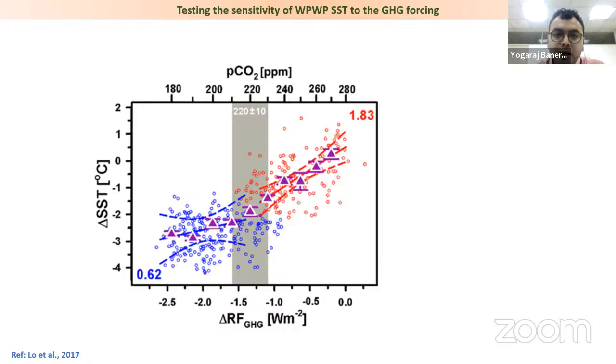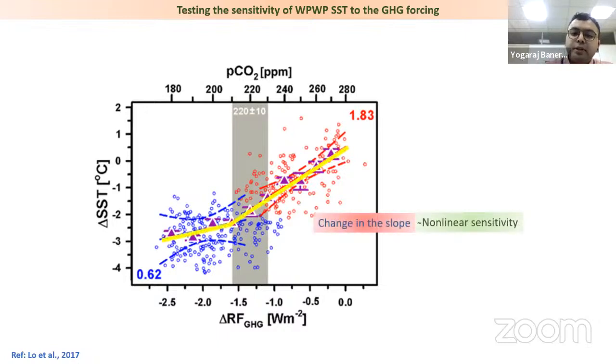One cluster lies above the 220 ppm CO2 concentration and has been marked by the red color, and there is another cluster below the 220 ppm pCO2 concentration, marked by the blue cluster. They showed that there is a change in the slope, which indicates a non-linear sensitivity.